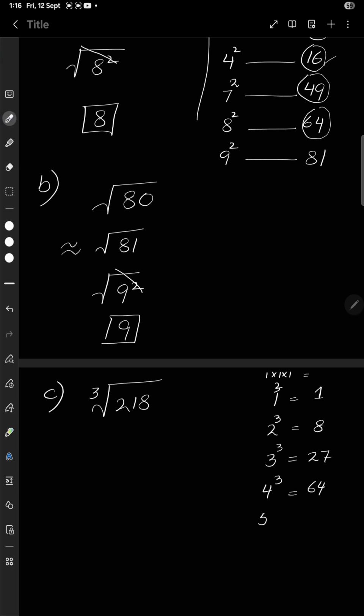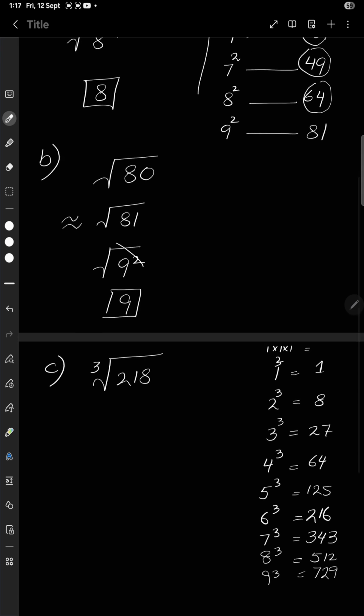Similarly, 5 cube will be equal to 125, and 6 cube will be equal to 216. 7 cube will be equal to 343, and that's how we will take 8 cube and 9 cube. 8 cube will be equal to 512, and 9 cube will be equal to 729.